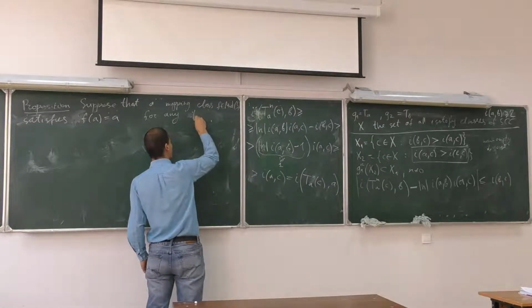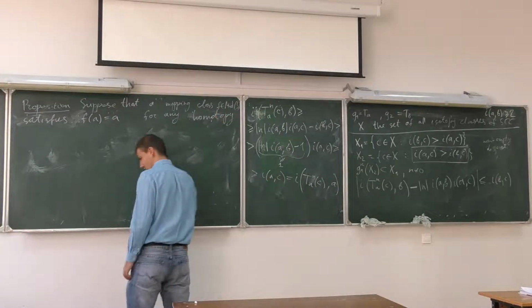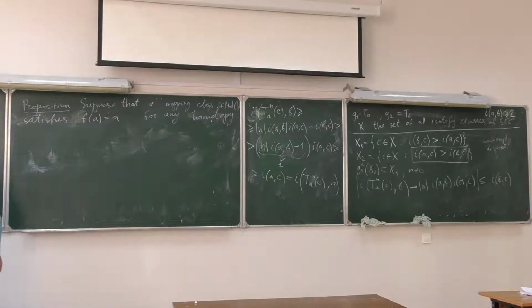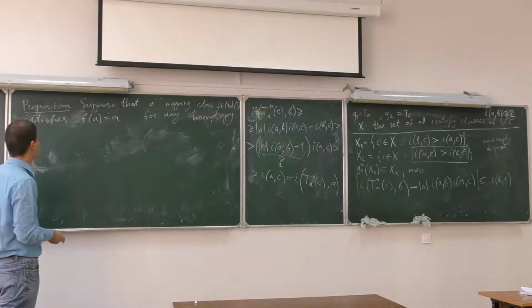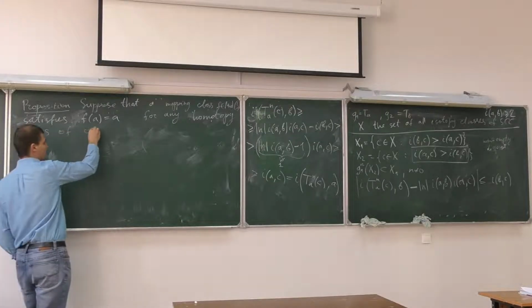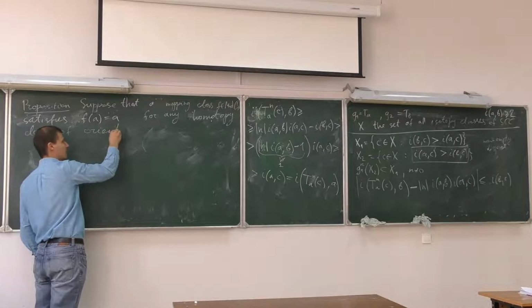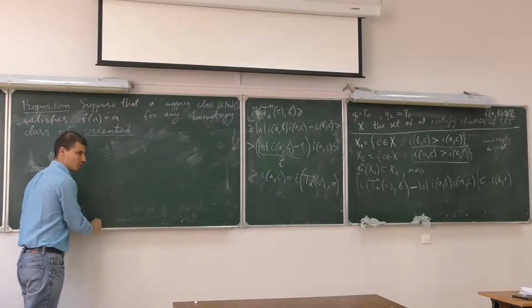It is better to say homotopy class, since I don't want to consider separately homotopically trivial curves. Otherwise, it would not be true for them. So I prefer to say homotopy class for any homotopy class of oriented simple closed curves. Oriented is very crucial here.